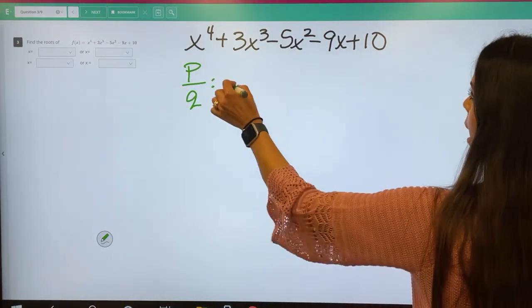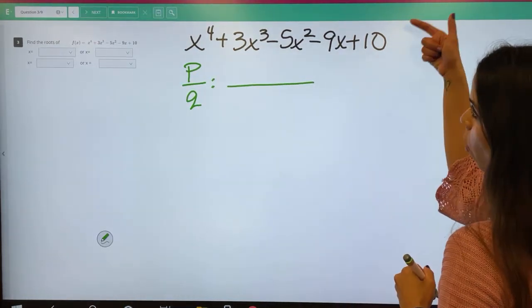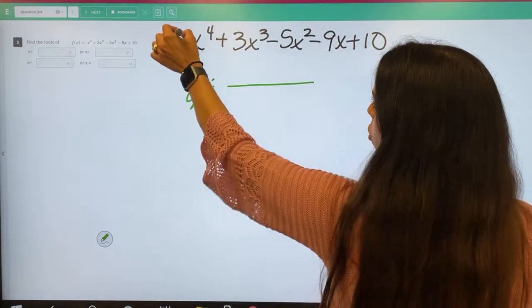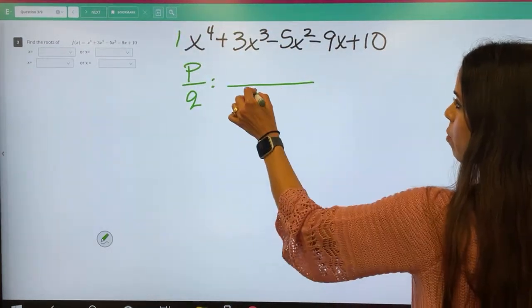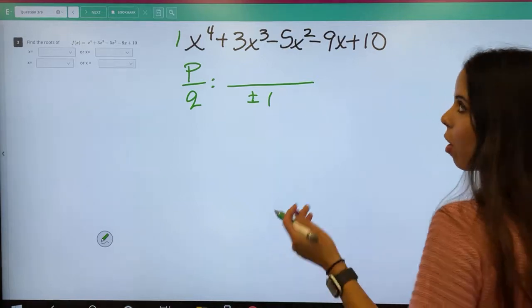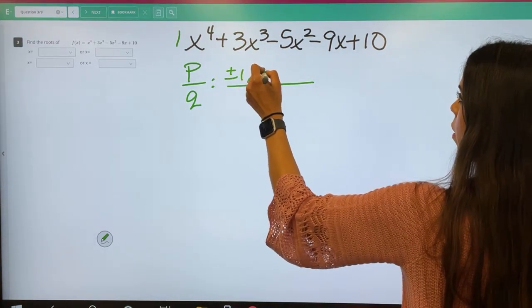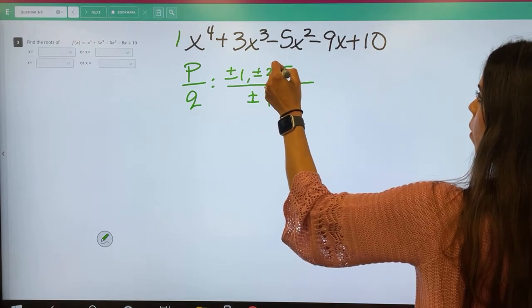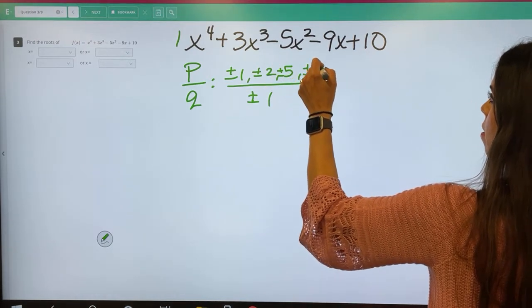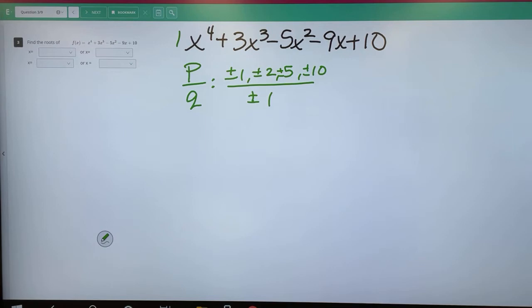So those are the factors of the constant over the factors of the leading coefficient, which is just a 1. Well, factors of 1 are just plus or minus 1. Factors of 10 are plus or minus 1, 2, 5, and then itself 10. Okay, so I have 1, 2, 3, 4, so 8 numbers I can possibly choose for zeros. So 1 and negative 1, 2 and negative 2, 5 and negative 5, 10 and negative 10.